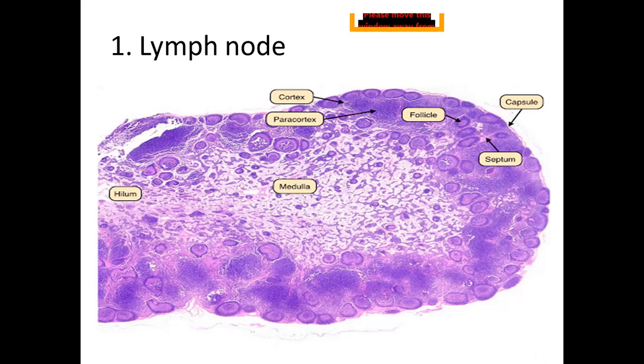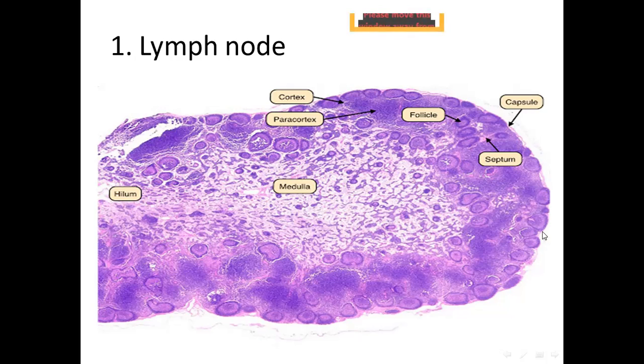Each lymph node has two surfaces, a convex and a concave surface. The convex surface is the place perforated by afferent lymphatic vessels.